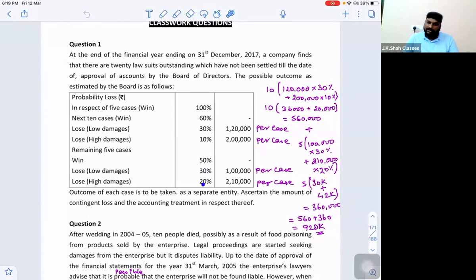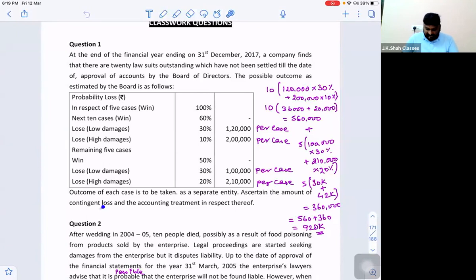But overall, there is a 50% chance that you will lose. So in both these situations, I can say it is a possible obligation. The outcome of each case is to be taken as a separate entity. That is why I am considering this per case, not as the total loss of 10 cases or the total loss of 5 cases. It is per case loss.